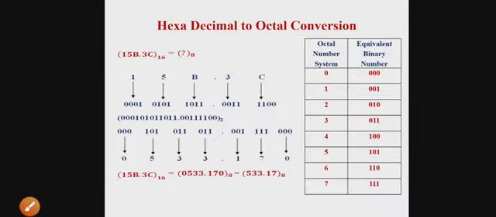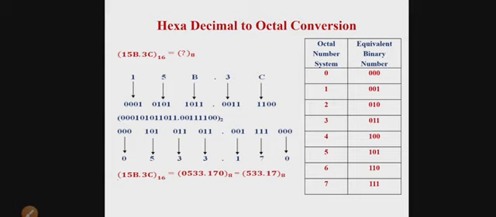Here we need to convert hexadecimal number system into octal number system. The procedure is also quite easy. You just need to convert the given hexadecimal number into its corresponding binary number, as we have done in the previous slide.